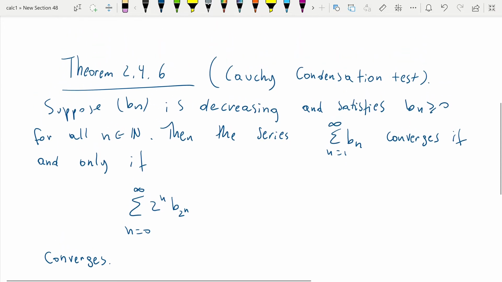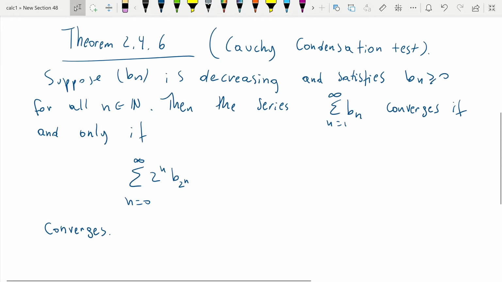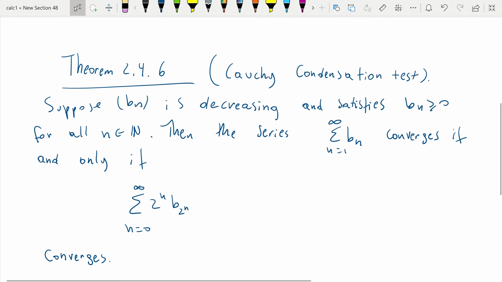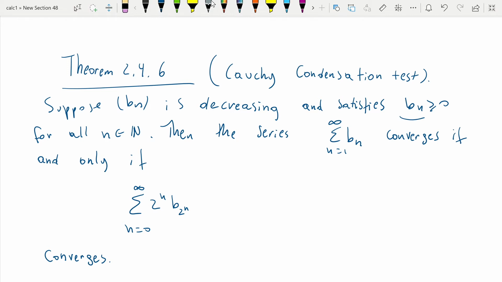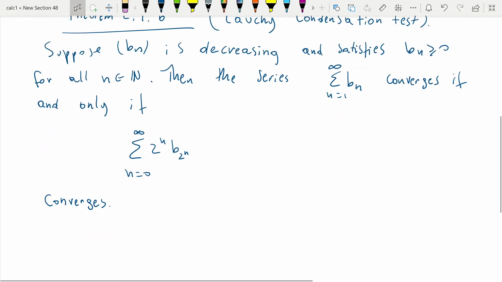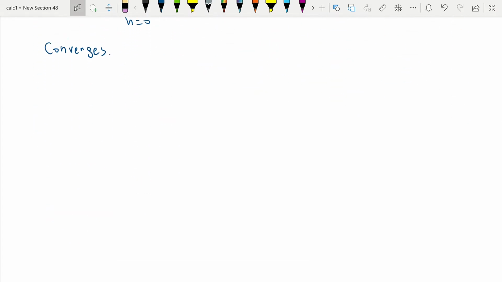For this Cauchy condensation test to work, we really need the fact that the bn's are non-negative and that the sequence is decreasing.